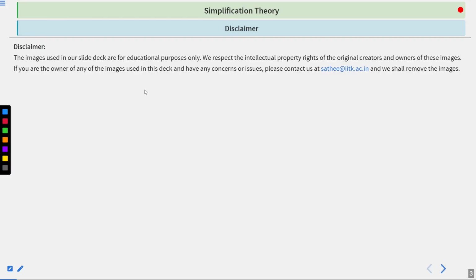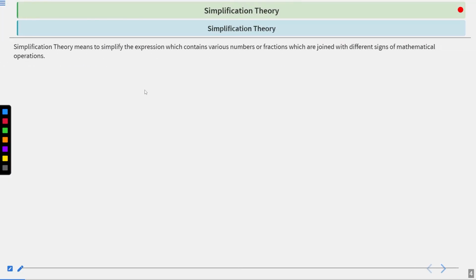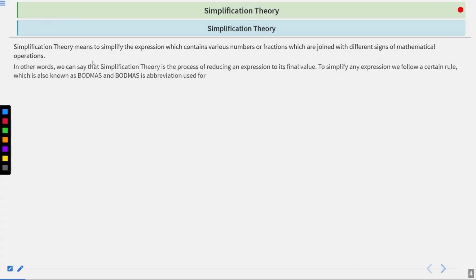Now see the simplification. What is simplification? Simplification theory means simplifying an expression which contains various numbers or fractions joined with different signs of mathematical operation. In other words, simplification is the process of reducing an expression to its final value.